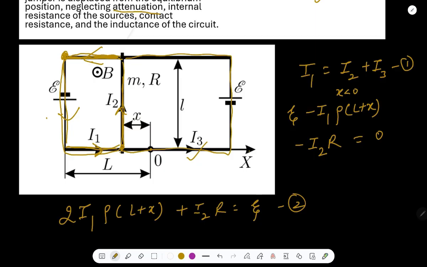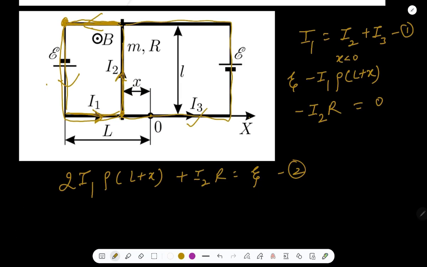So we completed a circle, and from the right part we can start from here and write an equation like 2I3 rho L minus X. X is negative here, so I am writing L minus X. Though if X is positive, we should write L minus X here and L plus X there, and this will give you the same result, no problem.